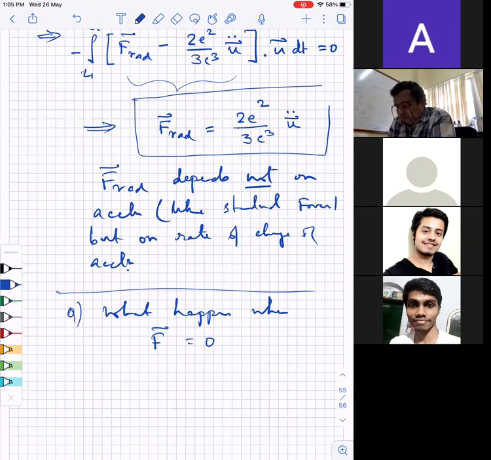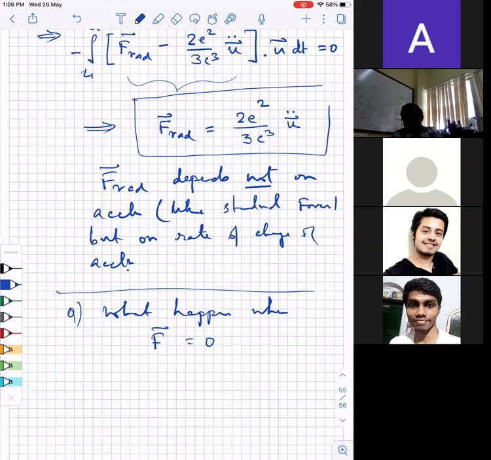Maybe next day I will talk about this. But for people who have not seen this before, it should be an interesting thing that you have a force which depends on the third derivative of position and not on the second derivative of position.